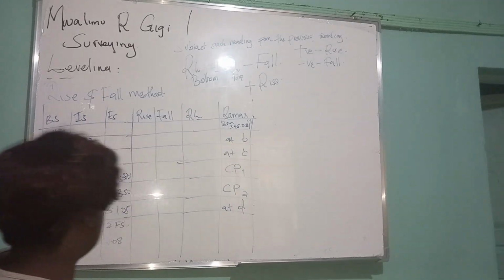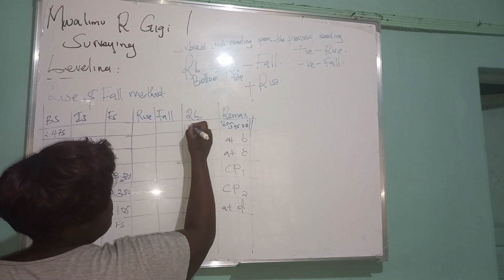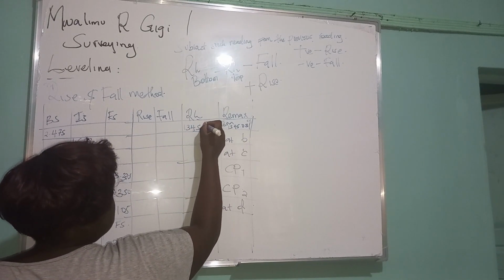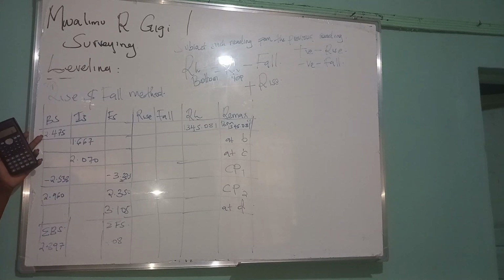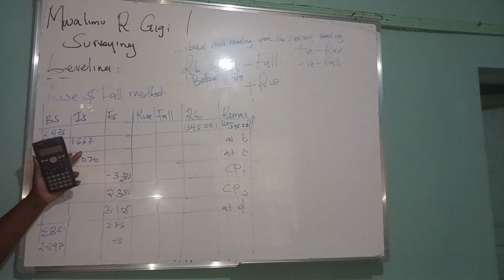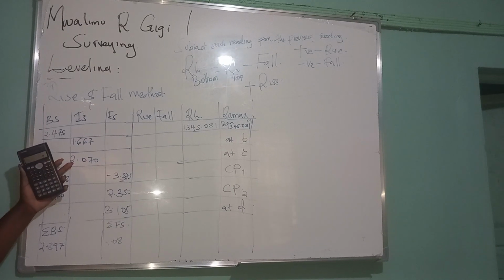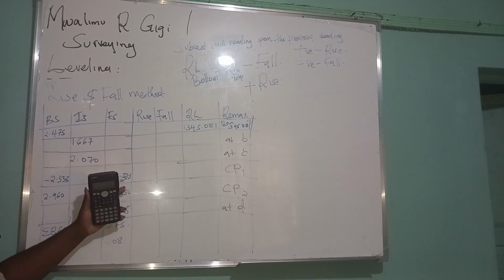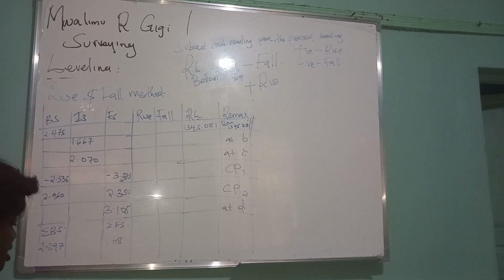So we have said that at the BM, we have the reduced level as 1345.081. So we want to get the rise or a fall. We subtract the backsight minus the intermediate sight, backsight minus foresight.